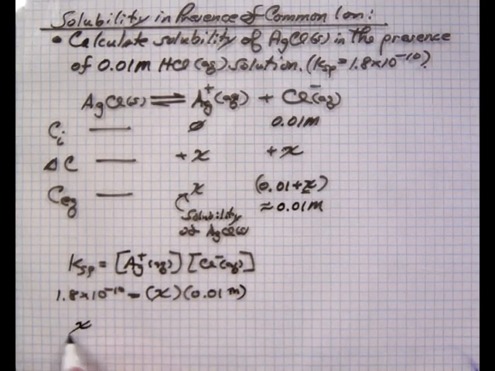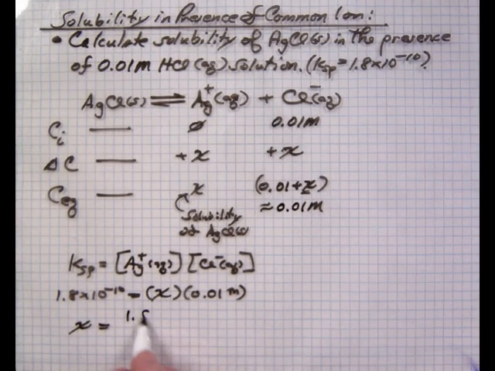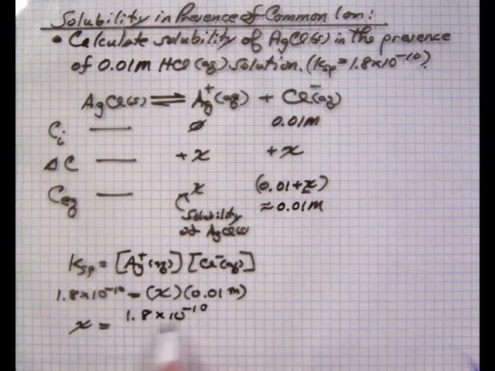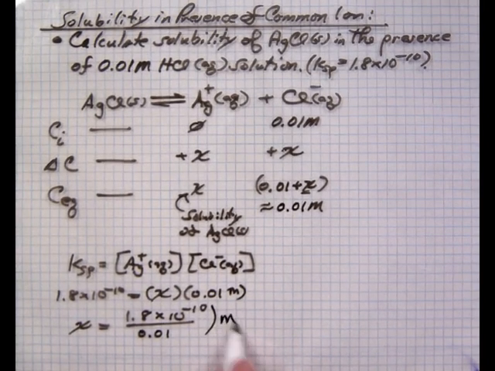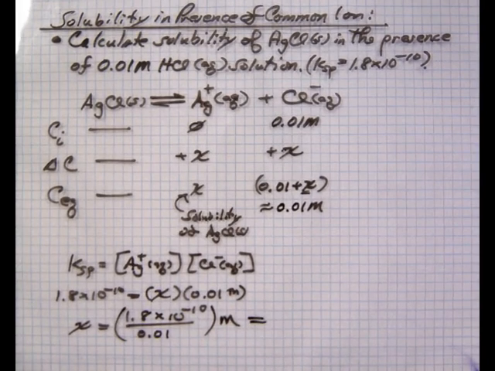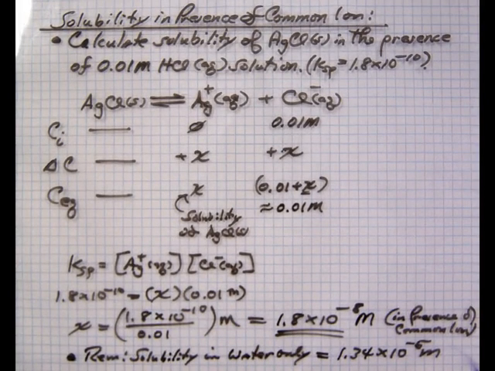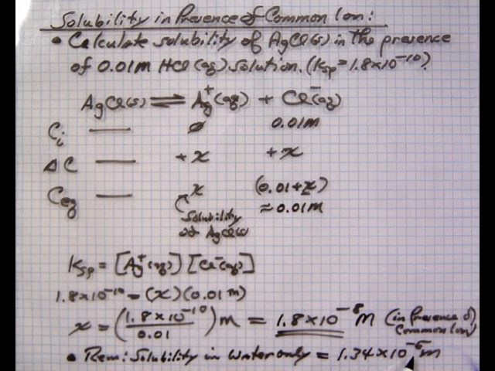So now we solve for X with 1.8 times 10 to the minus 10 divided by 0.01 moles per liter. This gives us solubility in the presence of the common ion of 1.8 times 10 to the minus 8. Remembering solubility in water only is 1.34 times 10 to the minus 5 we calculated earlier, we show a significant decrease in solubility in the presence of the common ion.